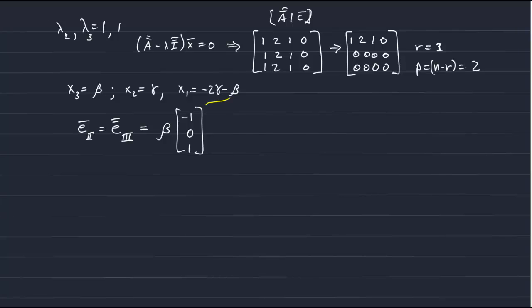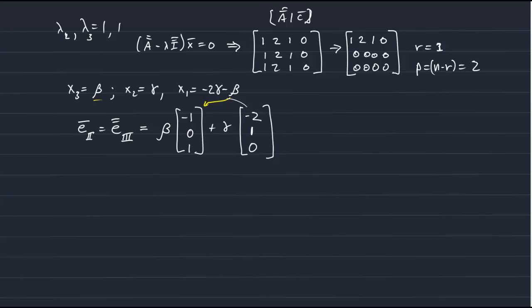So this is minus beta for the first part, which is x1, and then beta for the third part for x3, and then we have plus gamma times minus 2, and x2 is a 1 times gamma, and x3 is a 0 times gamma.